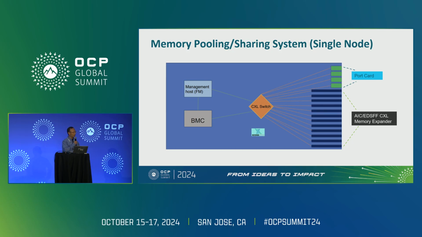We have one big 42-inch rack that has 2 servers and a big pool of memory up to 12 terabytes. That's in collaboration with multiple customers, for example Micron, Cradle Technology, Memverge, and all these ecosystem partners.